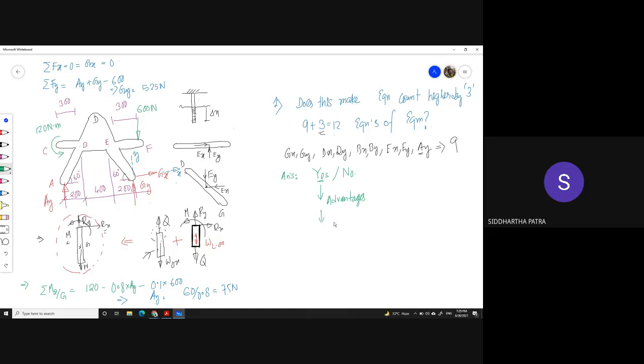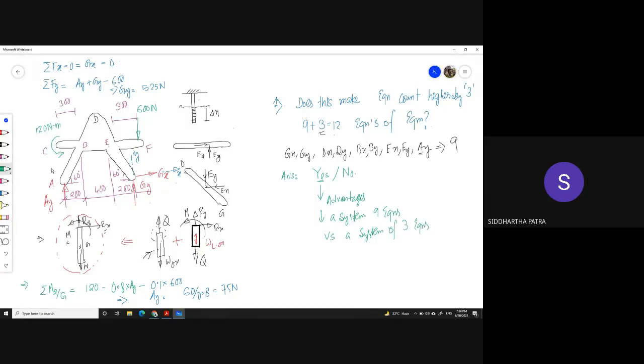You are not solving a system of 9 equations versus a smaller system of 3 equations.